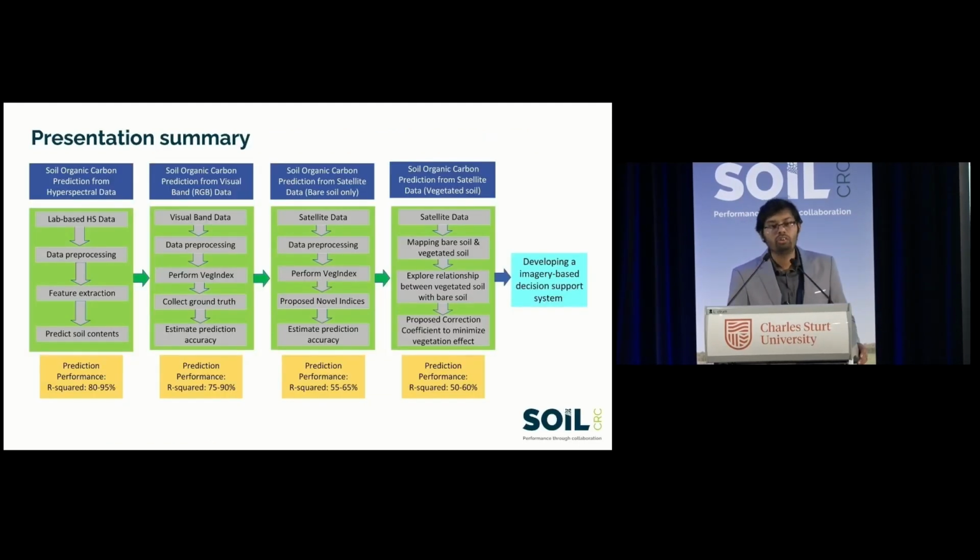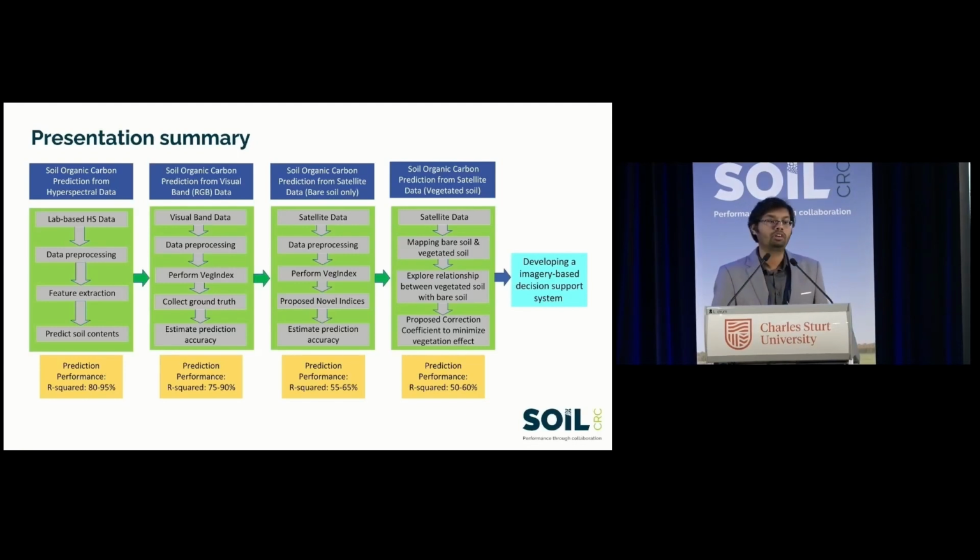I would like to conclude my presentation with a very quick takeaway message. If you use the hyperspectral bands to estimate soil organic carbon, you will get very good results, almost 90% accuracy. If you use mobile-captured images, it gives performance of 70 to 80%.